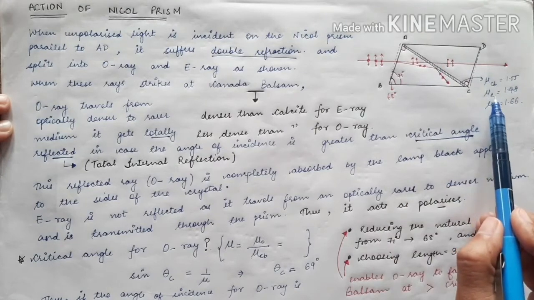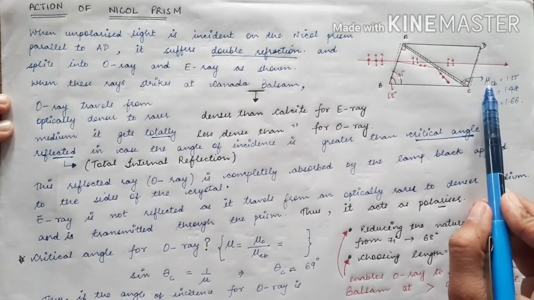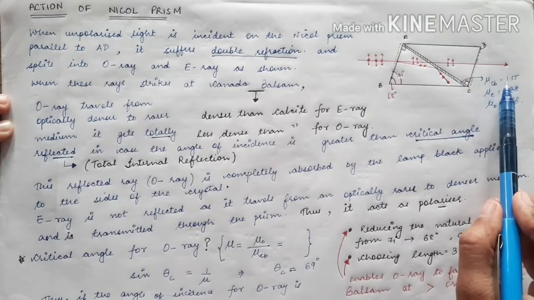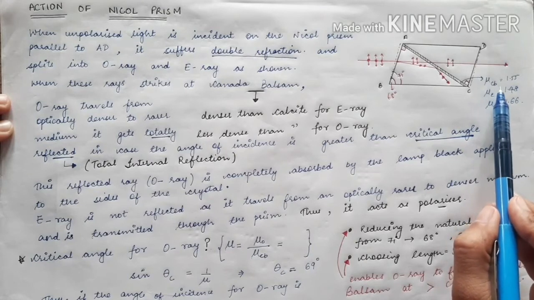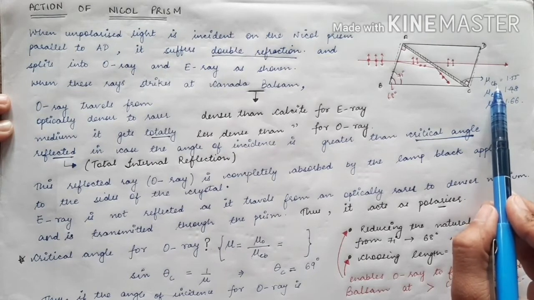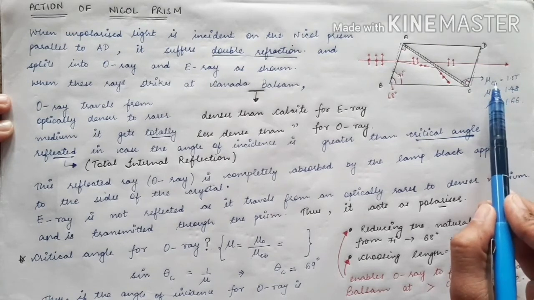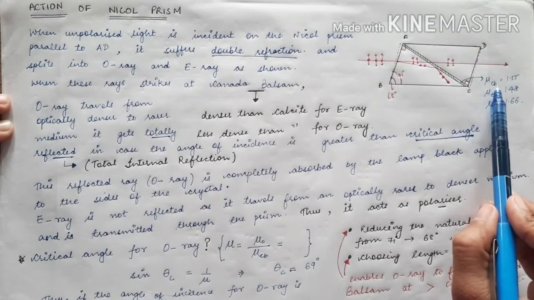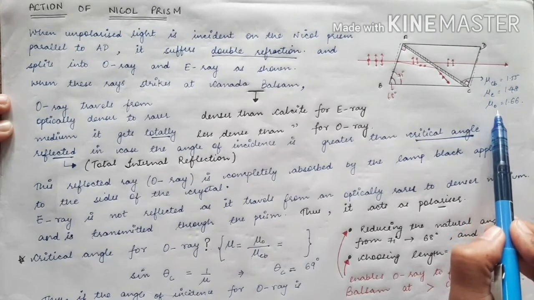The refractive index for the extraordinary ray is 1.48 inside the calcite crystal, and for the Canada balsam it is 1.55. So obviously mu E is less than mu CB, or you can say the Canada balsam is denser than the calcite for the extraordinary ray, and the other way around, the Canada balsam is rarer as compared to the calcite for the ordinary ray.